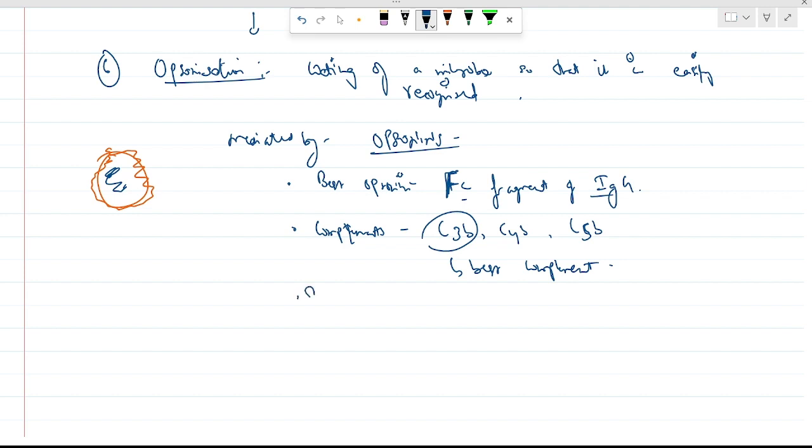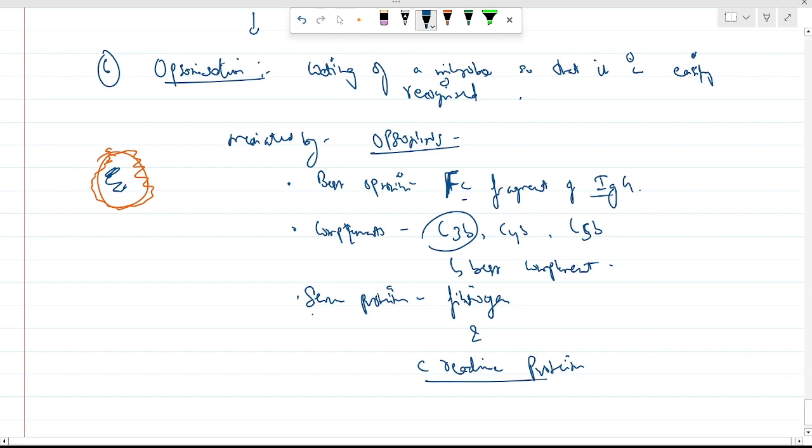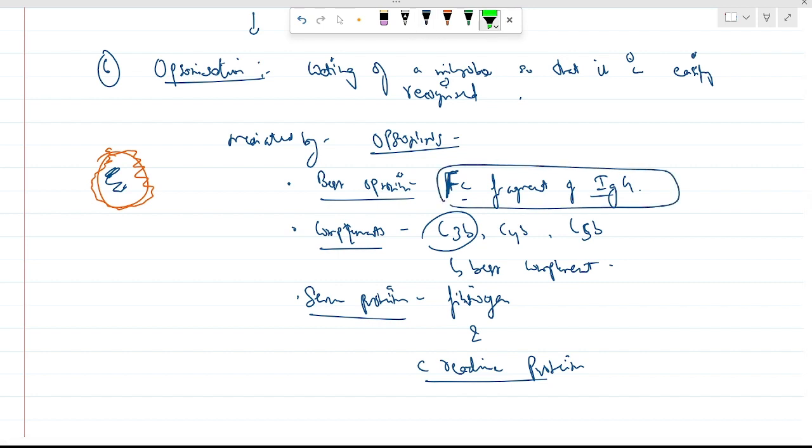And then there are serum proteins, which are, remember, fibrinogen and C-reactive protein. The best opsonin is the Fc fragment of IgG, very frequently asked, remember this.